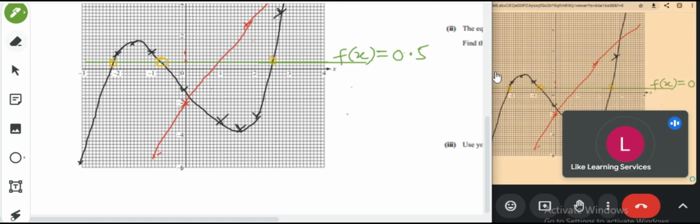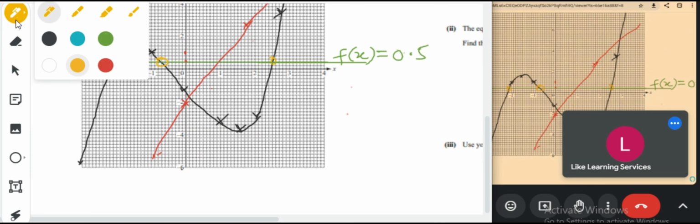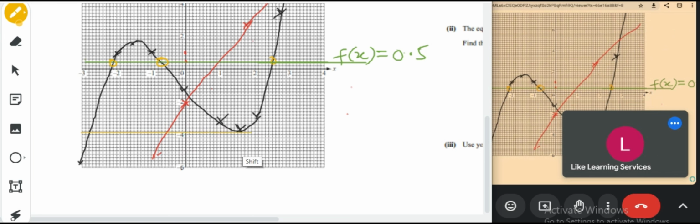So let me draw it with this yellow line. Somewhere around here. But it's close to 4, really. We can actually say minus 4. Let's use that minus 4 you chose already.